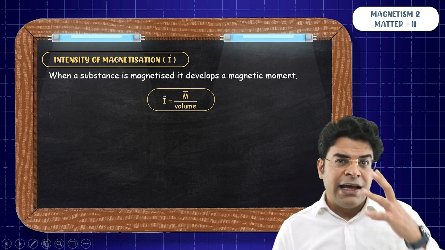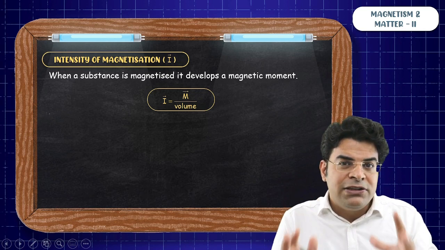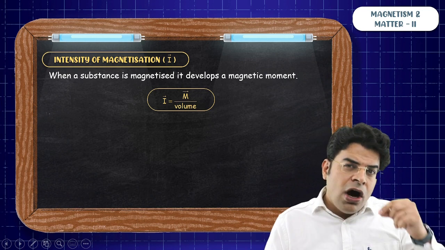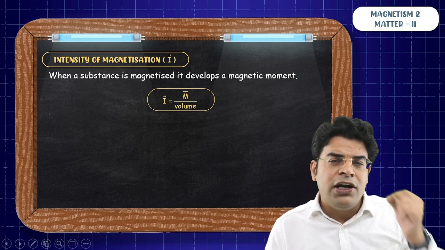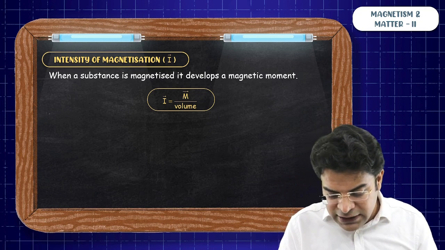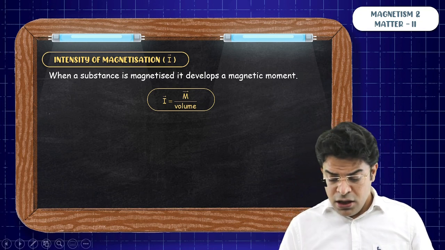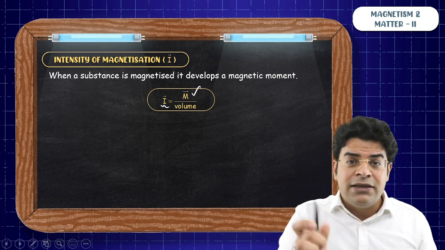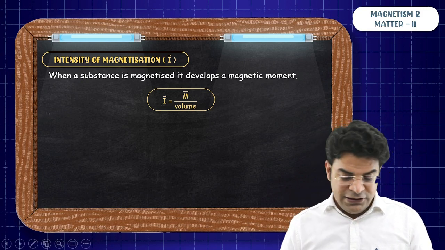Intensity of magnetization is how much the substance has been magnetized. Magnetizing field intensity is how strong is the field which is trying to magnetize the substance. So you need to understand these two terms clearly. Intensity of magnetization is the magnetic moment developed in the substance per unit volume of the substance.